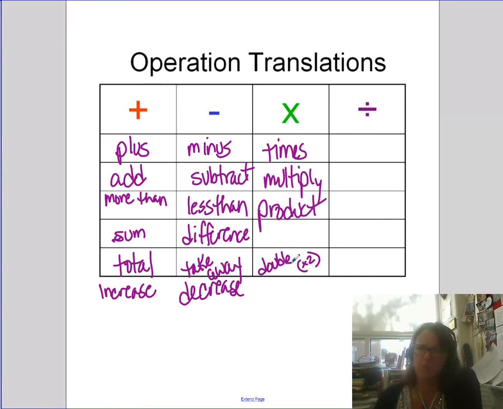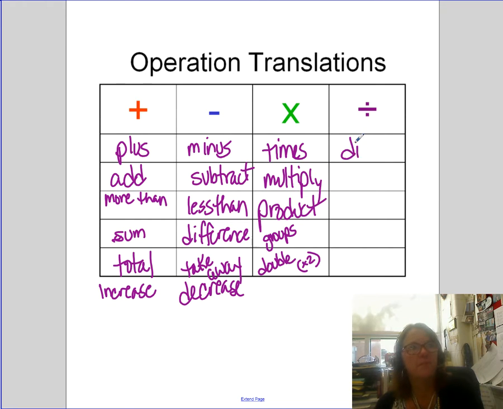You might have triple, quadruple, you get the pattern there. Groups of, like 5 groups of 3, may be a word that would clue you in that we're talking about multiplying.